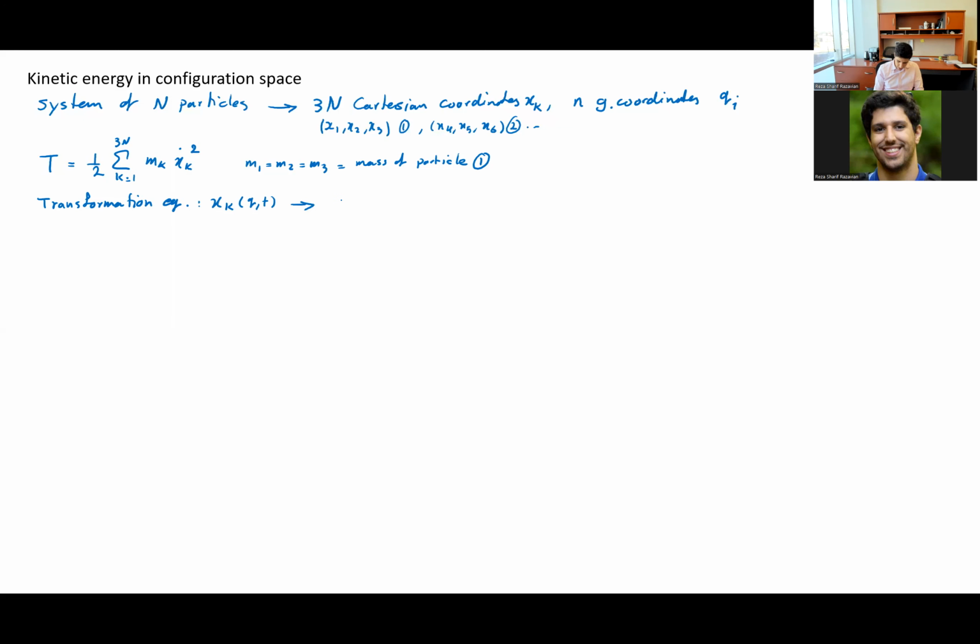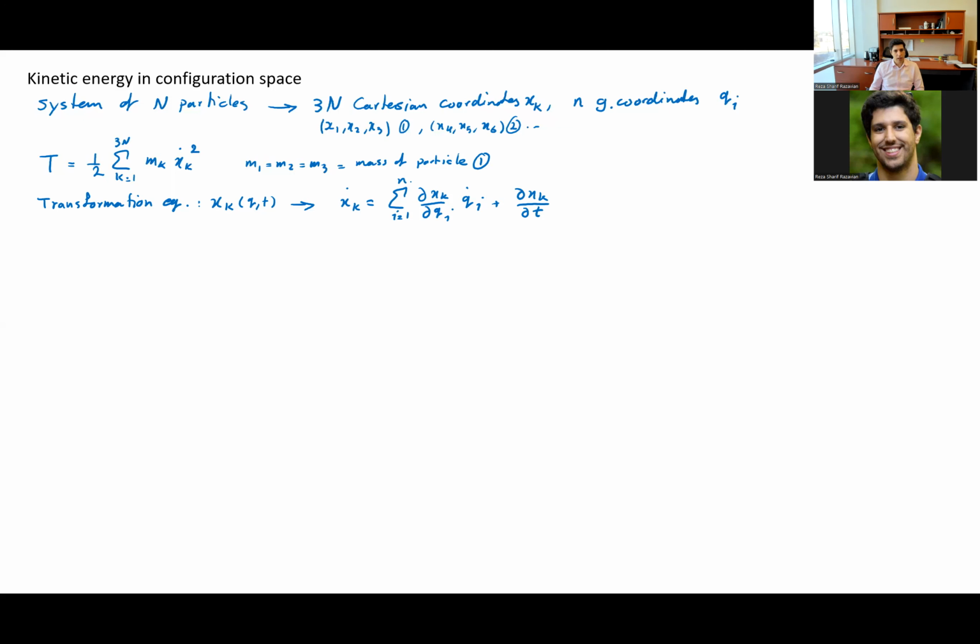From this, we can get x dot k. x dot k is going to be the sum of partial xk, partial qi, q dot i, and possibly a function of time, so plus partial xk, partial time, where i is from 1 to n.